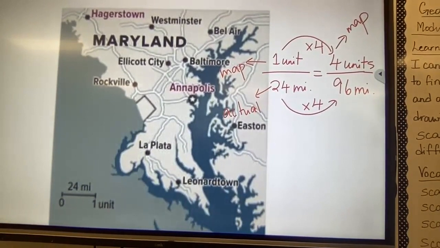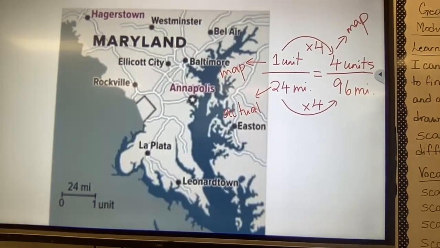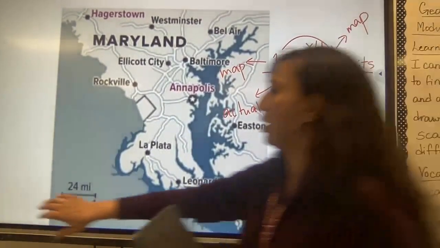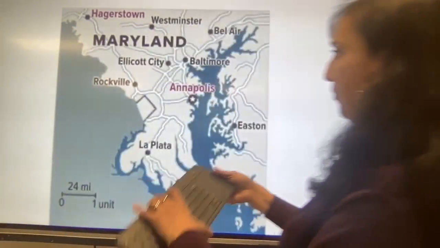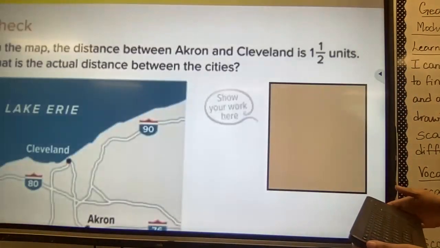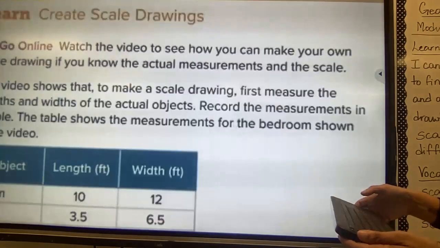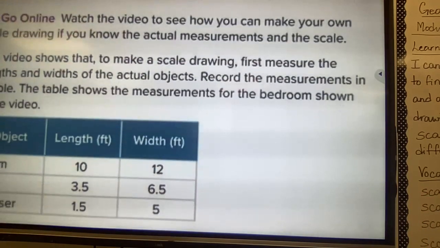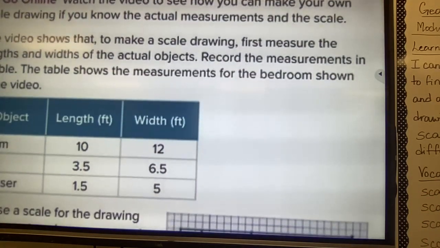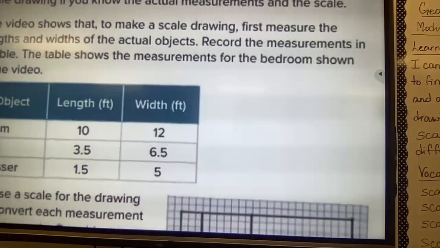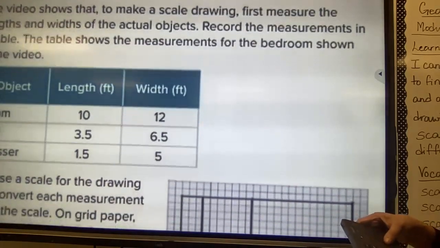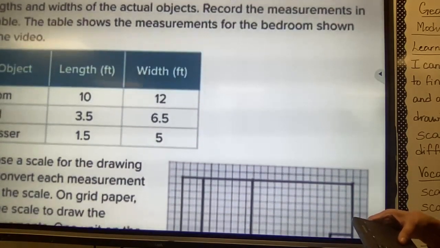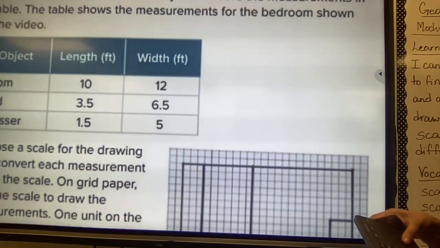Okay, so to create scale drawings, I'm just going to show you up here. Okay, so let's look at this. In order to create scale drawings, let's say you're creating the scale drawing of a room, okay? And you've been given the length and the width of the room.